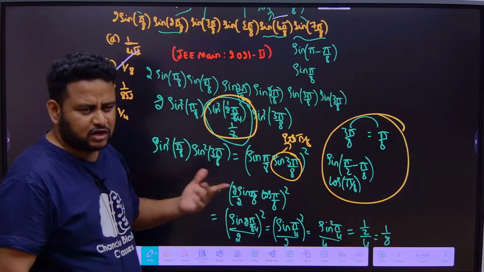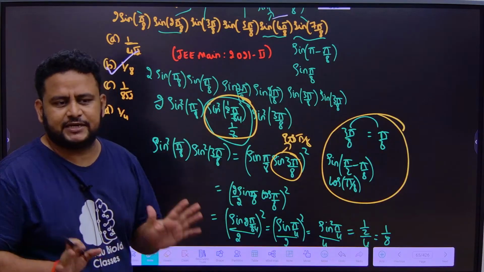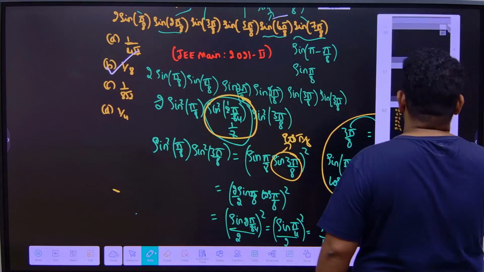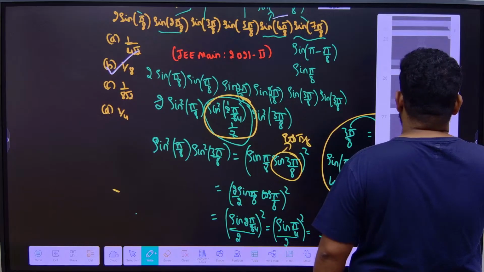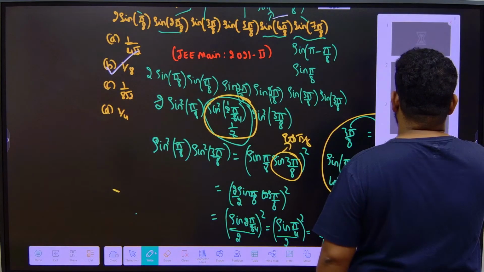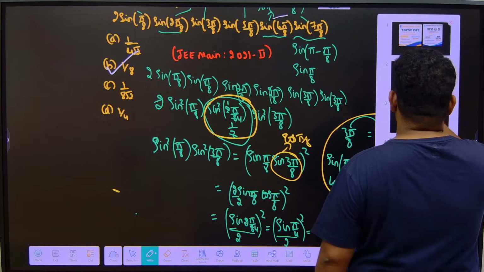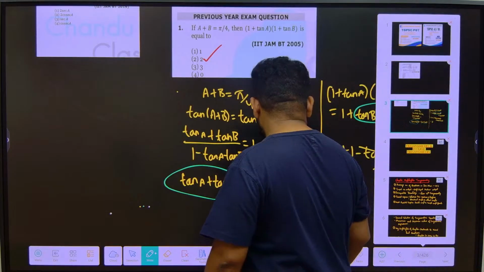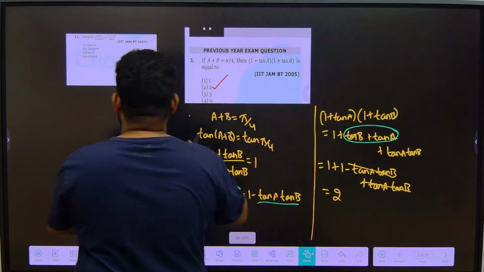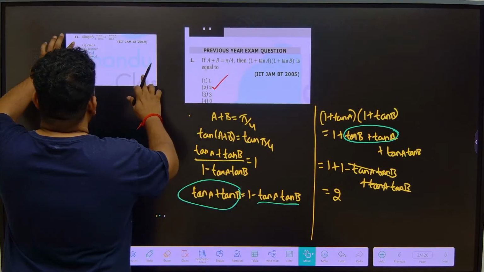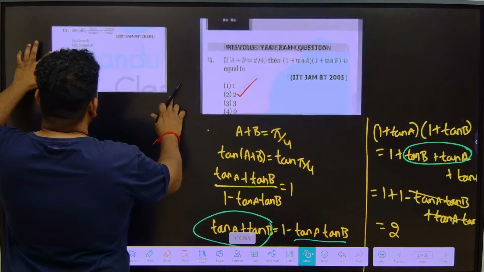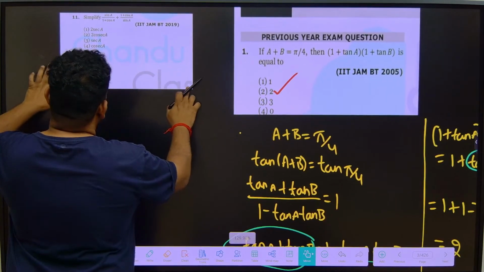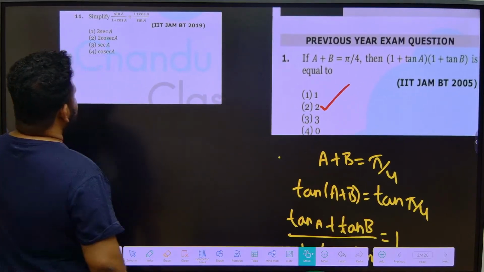Not based on this, but it is a similar question, a simple trigonometry question, which was given in your exam. Let us solve that question. If you observe carefully this question, IIT JAM, let me write down the question.